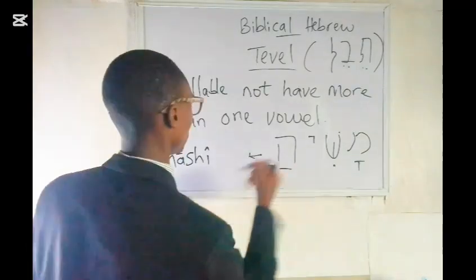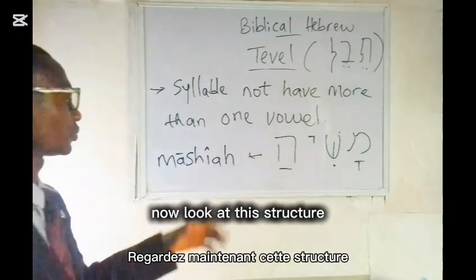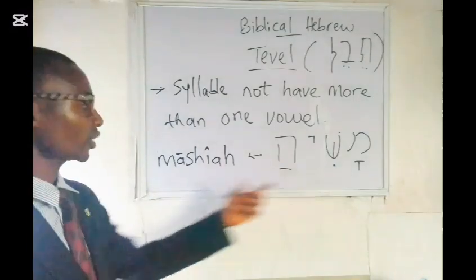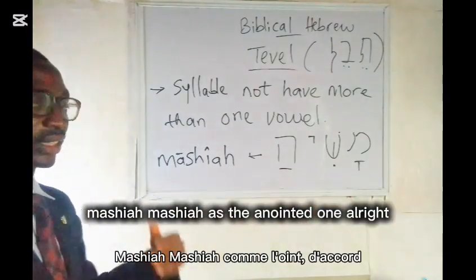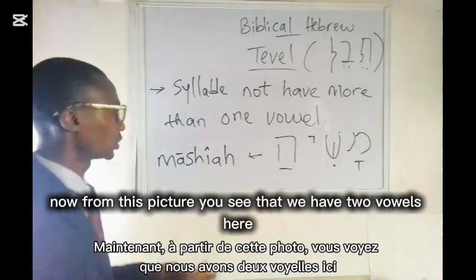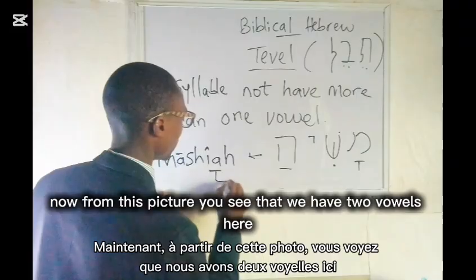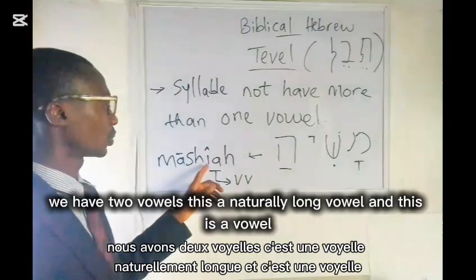Then now look at the structure. Mashia, the anointed one. Alright. Now from this picture, you see that we have two vowels here. Vowel, vowel. We have two vowels.